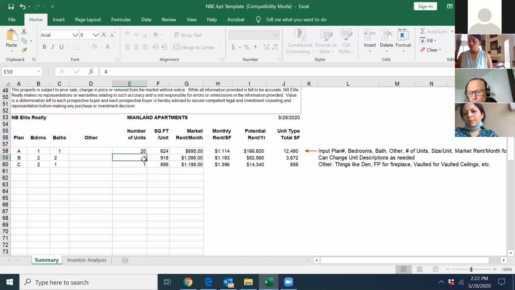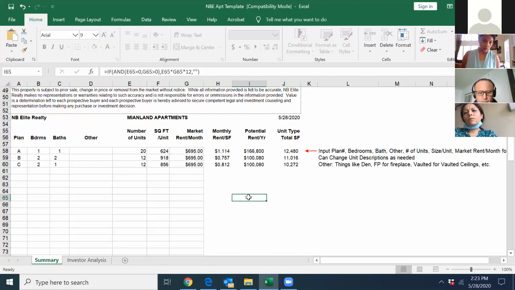So 4 apartments times 3 rooms is 12 rooms. And each room $695. And same thing here. We used to have 4 apartments. Now we're going to have 12 rooms. Are you following me?